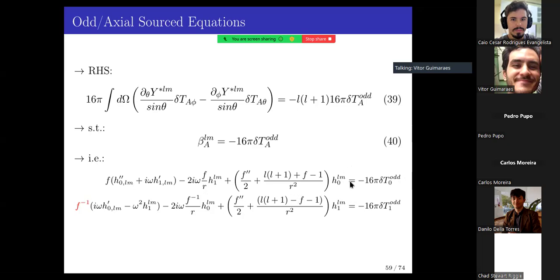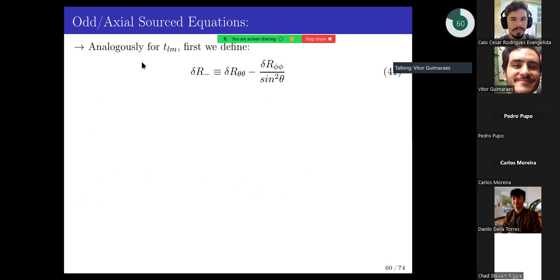But the idea is the same, right? So for us to separate and obtain T is a little more involved, right? So what we first have to do is define this metric component, which is basically delta R minus, which is a combination of the delta R theta theta minus the delta R phi phi divided by sine squared theta, okay?